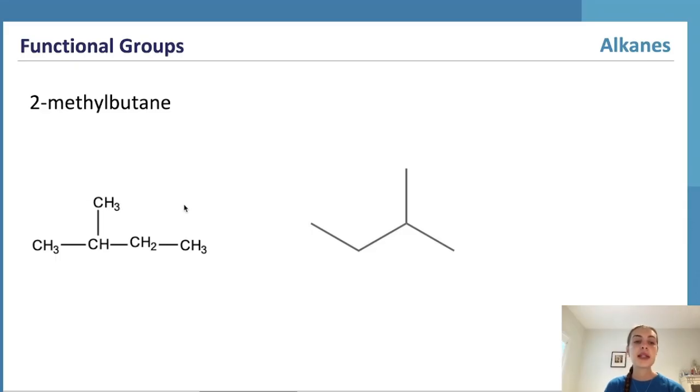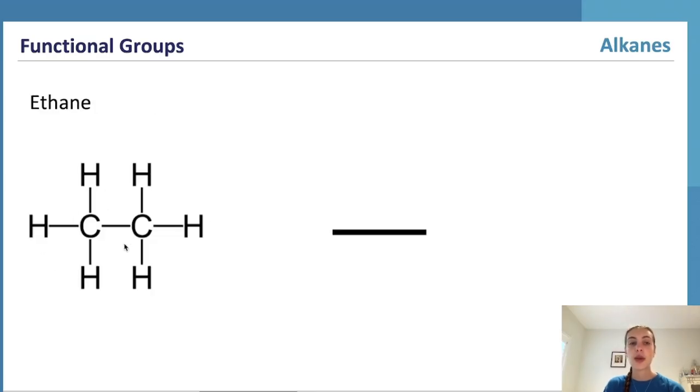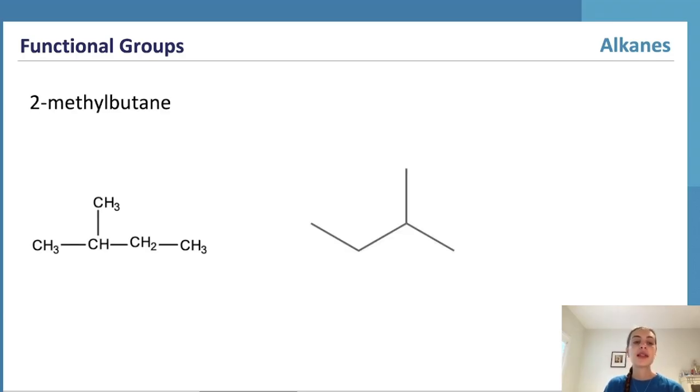We can see this structure on the left here. The way this has been laid out is a little bit different from the one which we saw with ethane, where we specifically had sticks and letters to show the exact layout of the molecule. With this one here, we've got a slightly condensed structural formula, so you will commonly see these ones as well.